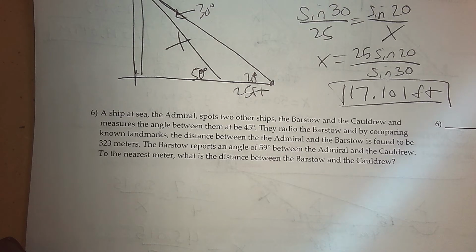Even if you don't read anything else, what should you draw first? A ship. Yes. You can label the ship A for Admiral. And then how many ships does it spot?